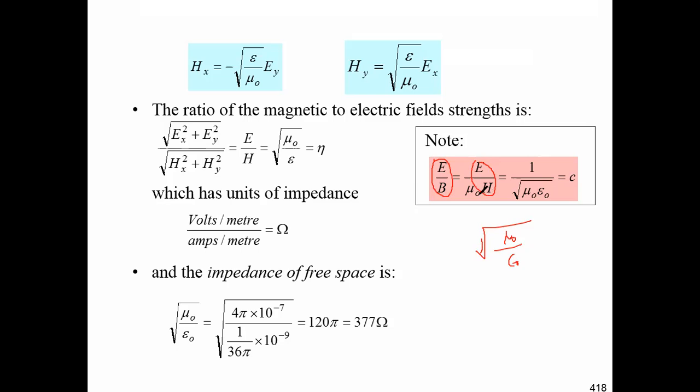So it becomes, you take mu naught inside, this becomes mu naught square. So it becomes 1 by under root mu naught epsilon naught. So E by B is always c.